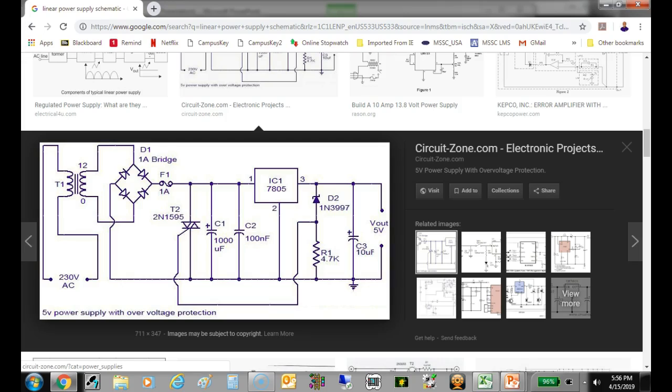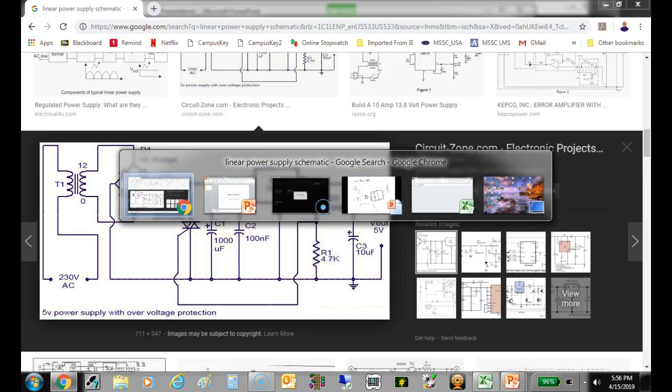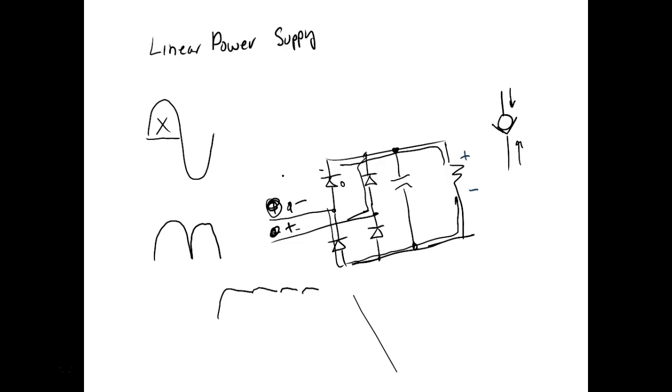So what we do is over here, on this side, we're getting this garbage right here. And motors love this, they wouldn't care about it. But it's going to be DC.